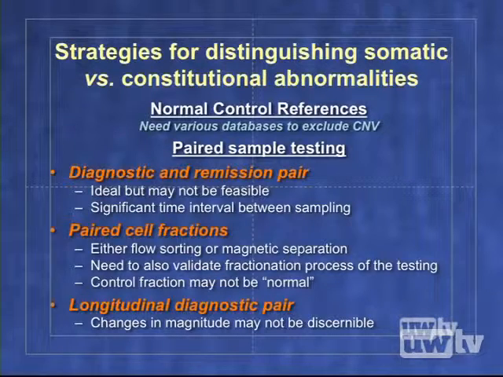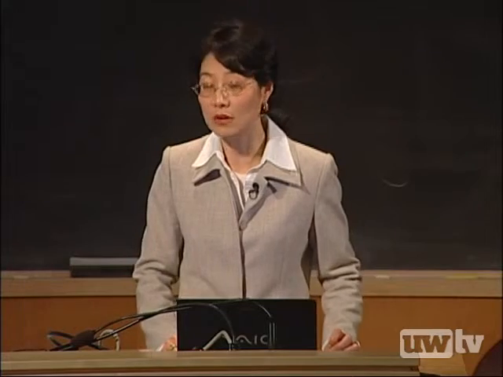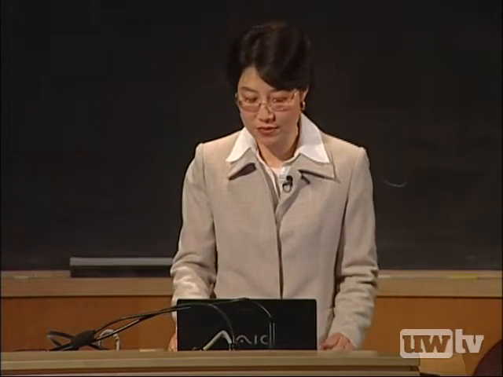Of course, that process itself needs to be clinically validated in order to be used for clinical testing. The caveat of this approach is that sometimes the normal control fraction may not be totally normal, because we have heard of some patients in whom the T cell population could still show myeloid clonal abnormalities in myeloid disorders.